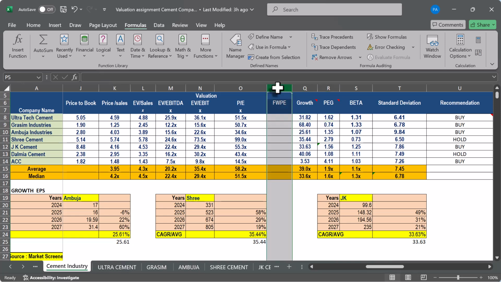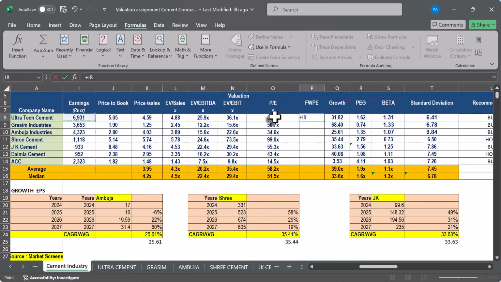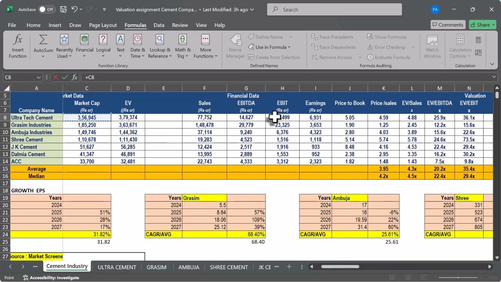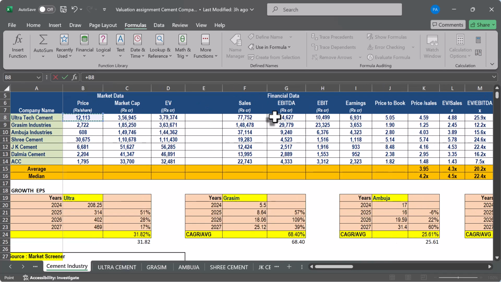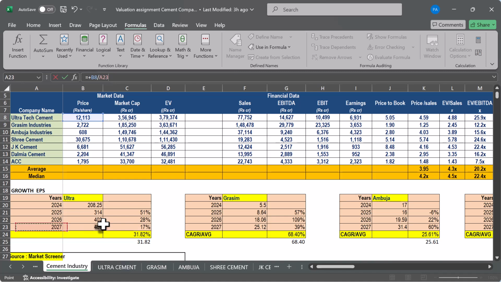So what we do is, how do we calculate that? For the PE ratio we take the price, isn't it? Price upon earning. Fine. So we take the price, and we divide this by the earning per share of the company, which is, say, 2 years forward, which is 469.